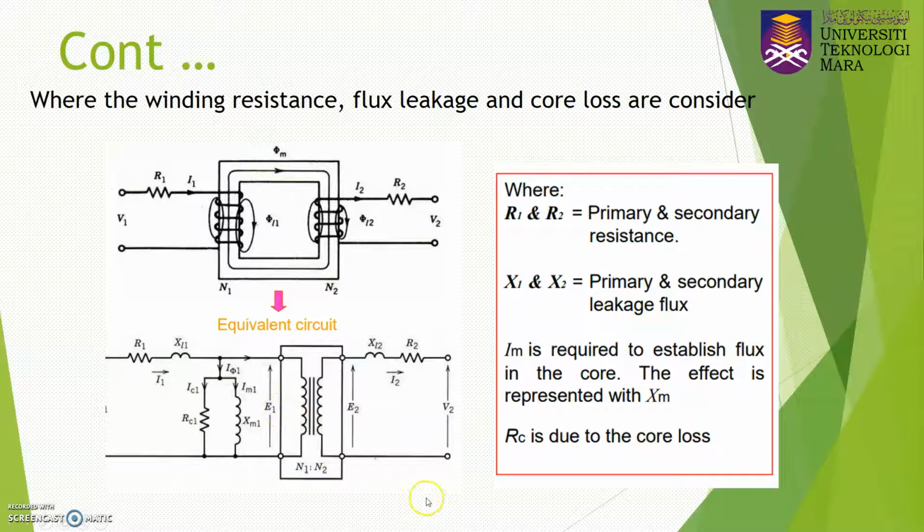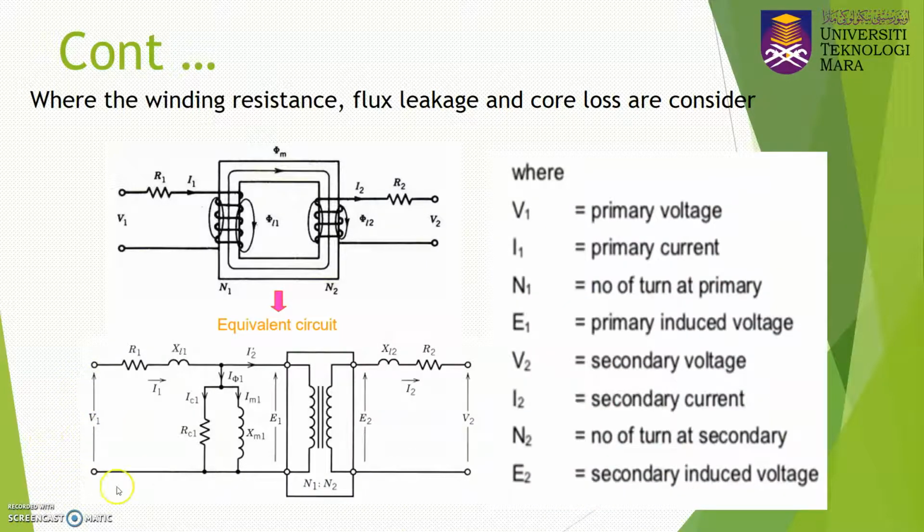So this is the equivalent circuit for the practical transformer, where V1 represents the primary voltage, I1 represents the primary current, N1 represents the number of turns at the primary, and E1 represents the primary induced voltage due to N1 and I1.